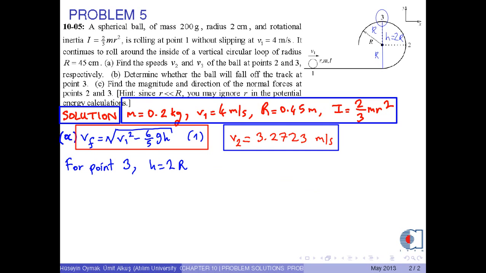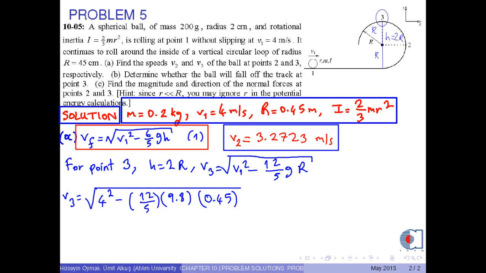For point 3, h equals 2 times capital R and equation 1 results in v3 equals square root of v1 squared minus 12 over 5 times g times capital R. Inserting the corresponding numerical values into this equation, we get 2.3272 meters per second, or approximately 2.33 meters per second.